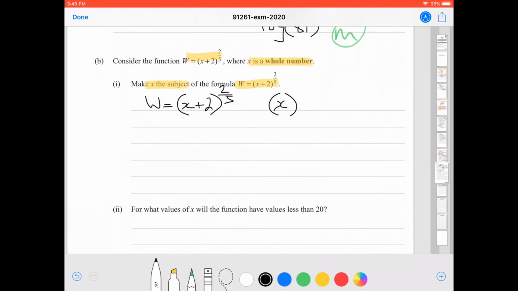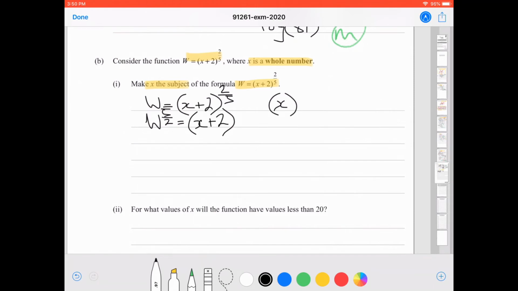Okay, so the first thing we can do is get rid of our 2 over 5 indices. There's a couple ways to think about this. One way of thinking about it is raising w to the reciprocal of 2 over 5. So w to the power of 5 over 2 actually equals x plus 2.